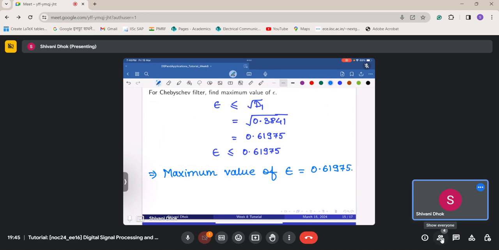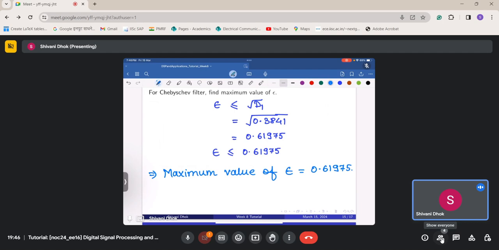Madam, I think this epsilon is also useful for even order Chebyshev filters. If it is even order, the response at omega equal to 0 is 1 by under root 1 plus epsilon square. So depending on the order, epsilon is useful. Epsilon is a control parameter that actually defines the Chebyshev filter. It gives you the height of your ripple in your passband, and how it will fall off and other things.